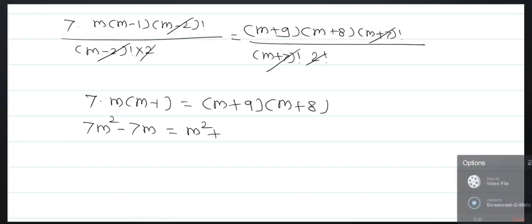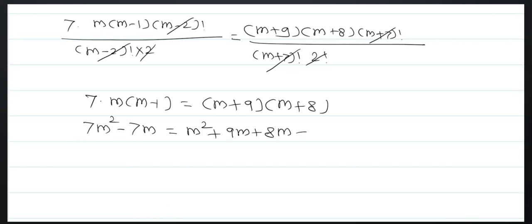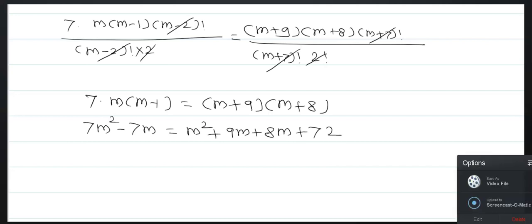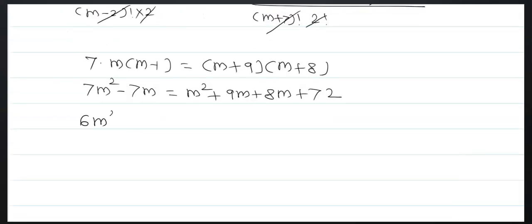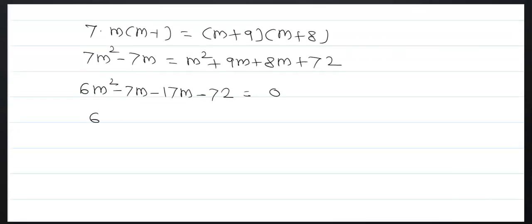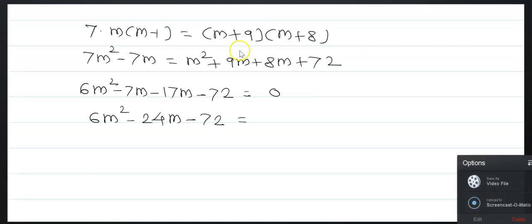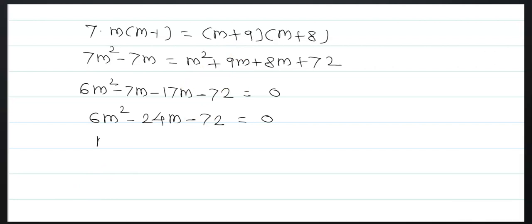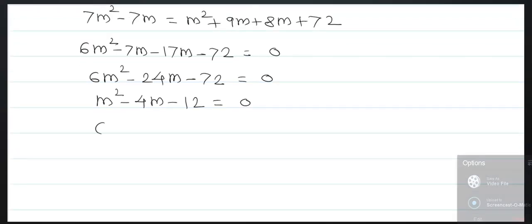7m square minus 7m is equal to m square plus 9m plus 8m plus 72. So 6m square minus 7m minus 17m minus 72 is equal to 0. That is 6m square minus 24m minus 72. Again we reduce this by dividing by 6. m square minus 4m minus 12 is equal to 0.